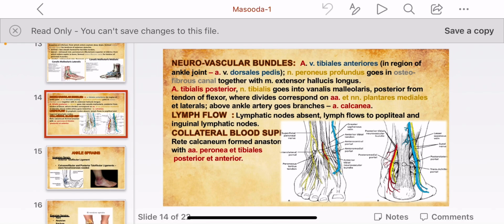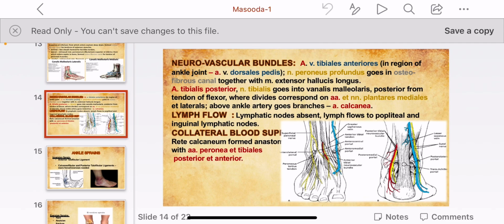Artery tibialis posterior, nervus tibialis goes into the canalis malleolaris posterior from the tendon of flexor, where it divides into artery and nerve plantaris medialis et lateralis. Above the ankle the artery gives branches, artery calcanea. Lymph nodes are absent there. Lymph flows to popliteal and inguinal lymphatic nodes.